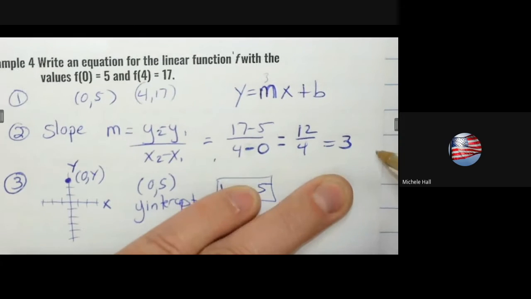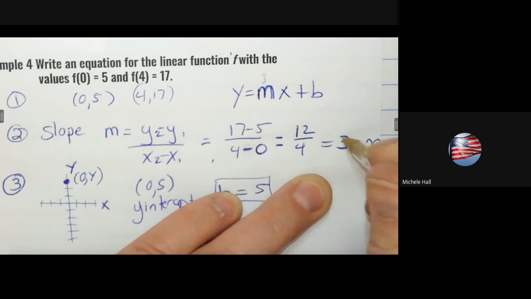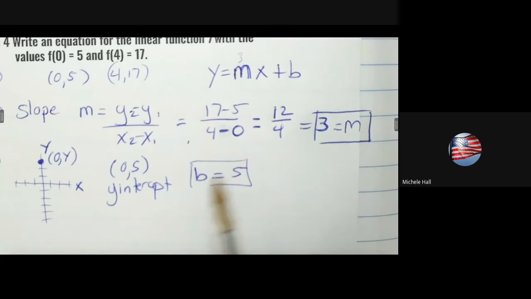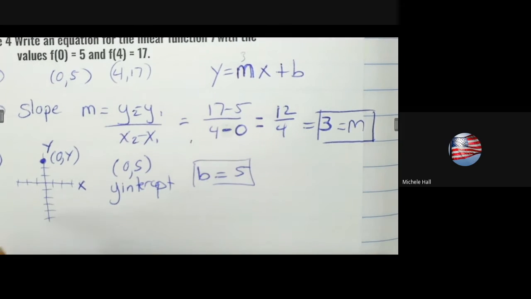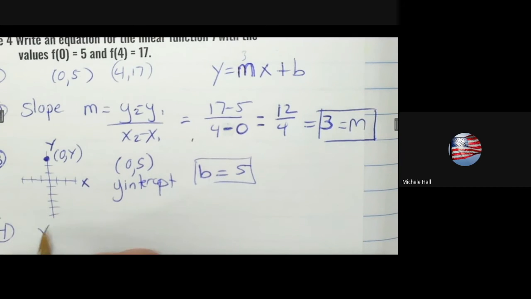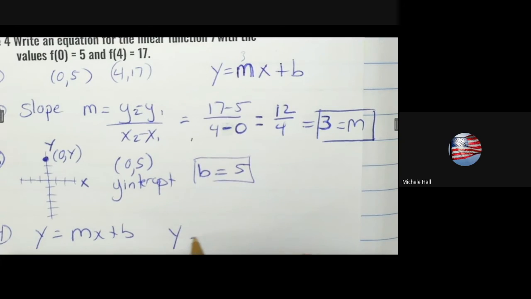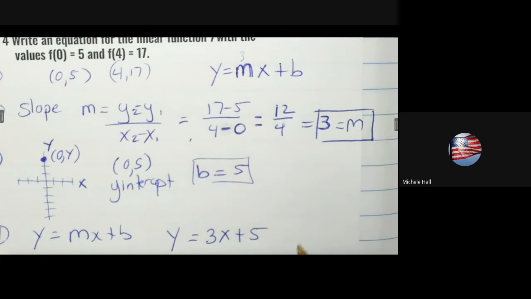Here we found that m equals 3. If I have m and I have b, I can write an equation of a line. y equals mx plus b. That means that y equals my slope 3x plus 5, my y-intercept.